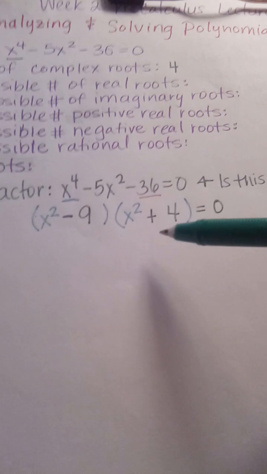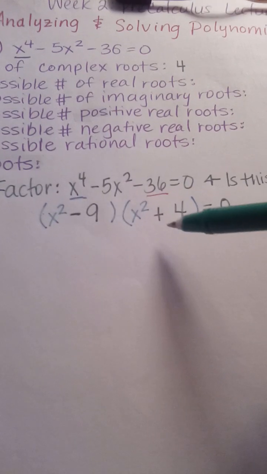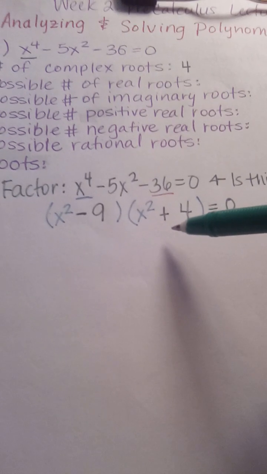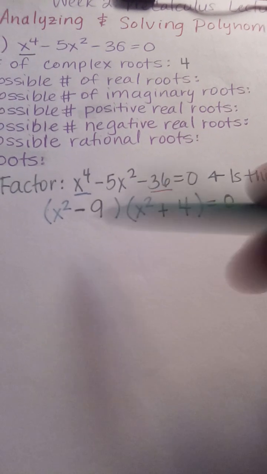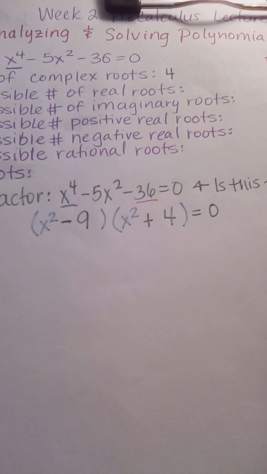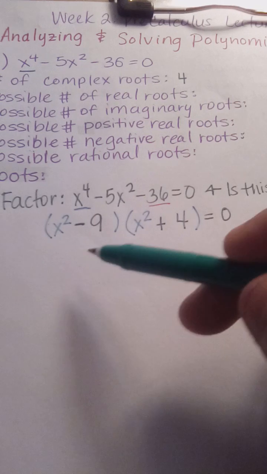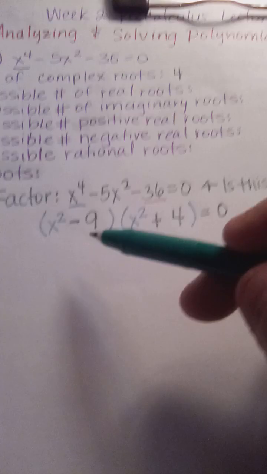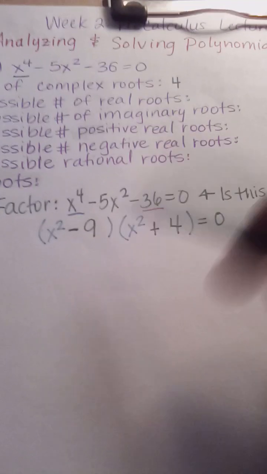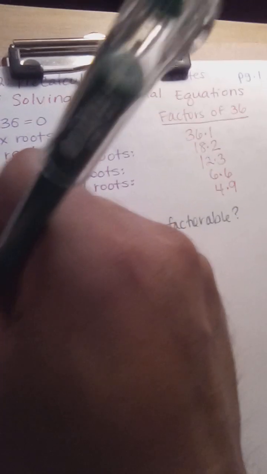Should we focus on the second parentheses, or the first? I think we should go over the first because we were trying to make sure that it's going to be a factor out. So it's x squared minus 9 equals 0, right?